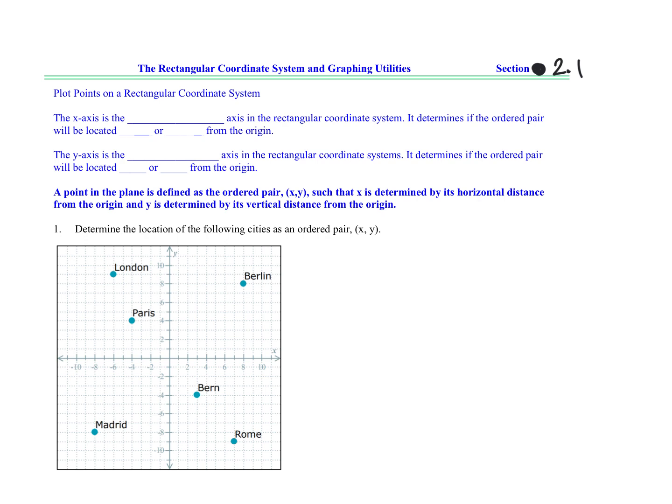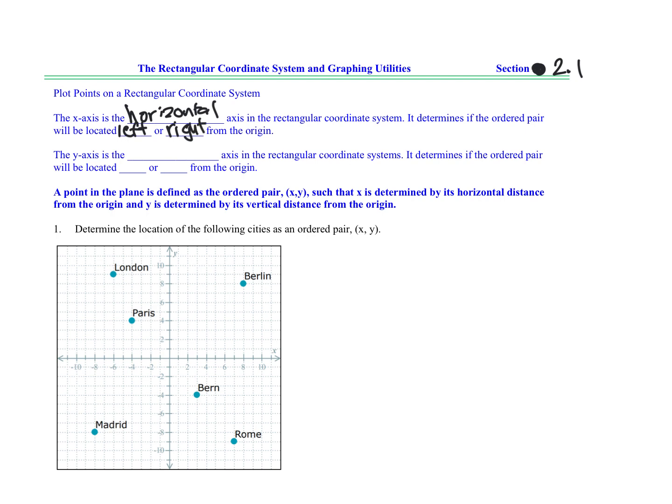And so on the coordinate system, the x-axis is the horizontal axis in the rectangular coordinate system. It determines if the ordered pair will be located left or right from the origin.